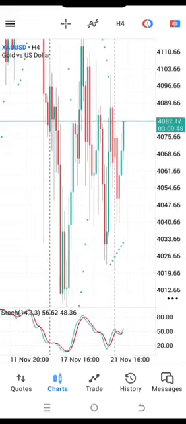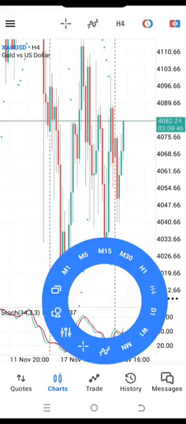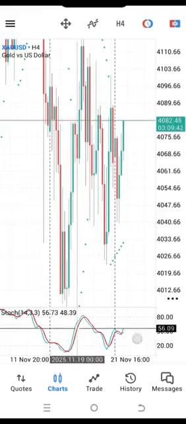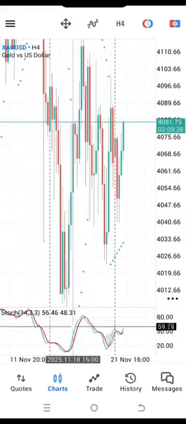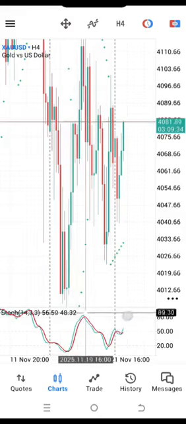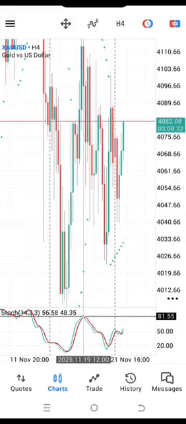Now how do the indicators work, and the strategy? For the stochastic oscillator, when price moves beyond the 50 level, that means the market is on a buy trend, and as soon as it gets to level 80 and above, the market is overbought.